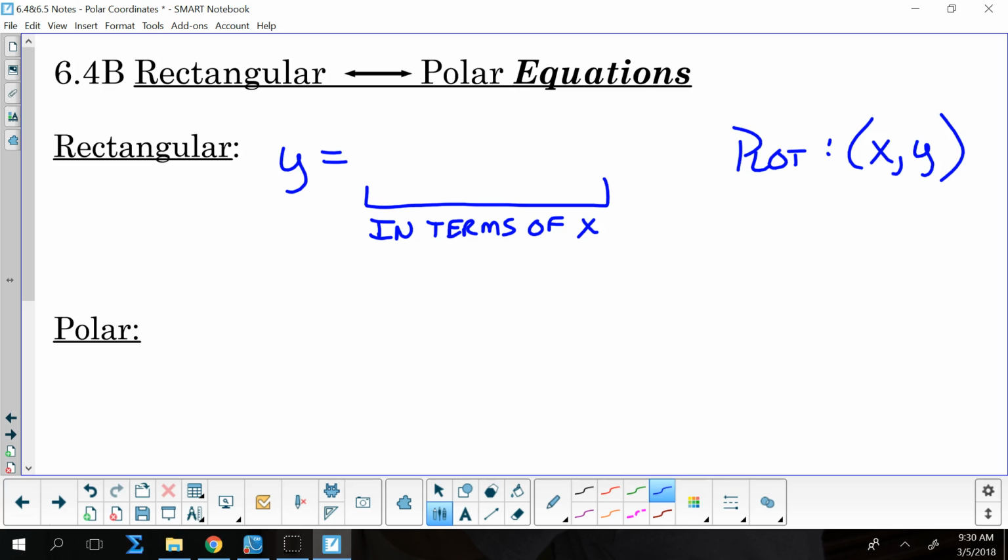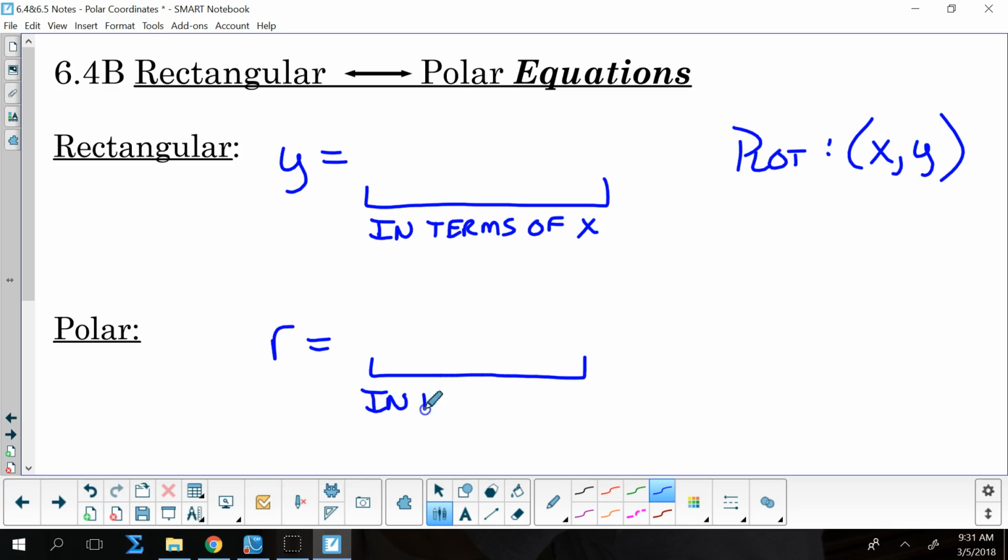Right? Pick some x's, plug it into our equation, get out some y values, plot those points, draw a nice smooth graph.